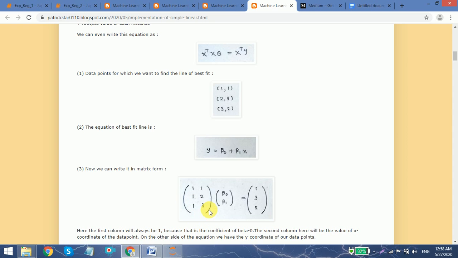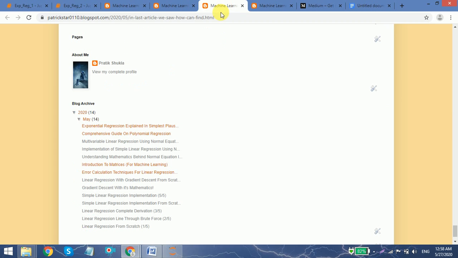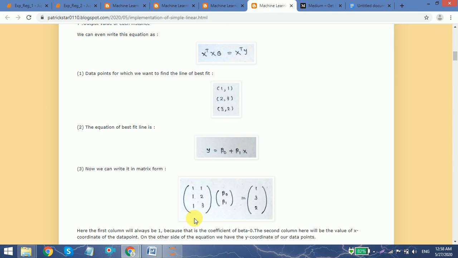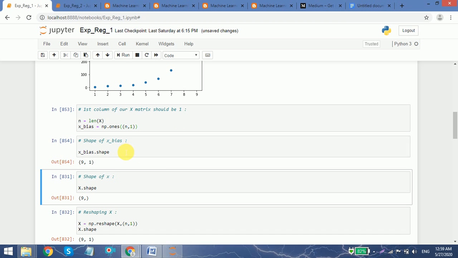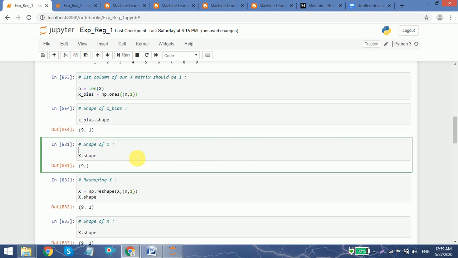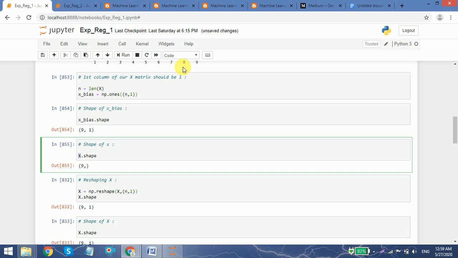Moving forward, if you have more than one element here, you can always add a number of columns. Getting back to our main data, this x bias is nothing but the first column, which is the length of x. Let me show you the shape of x, that is 9 comma 1. Now the shape of x is 9, so we need to reshape our x vector, since we want to append our data with it.